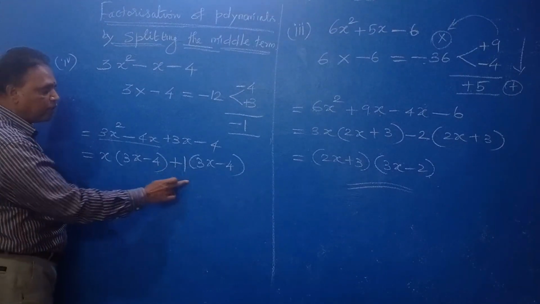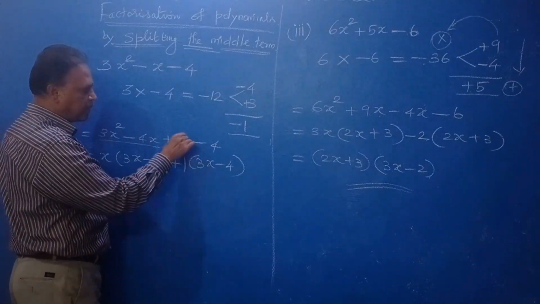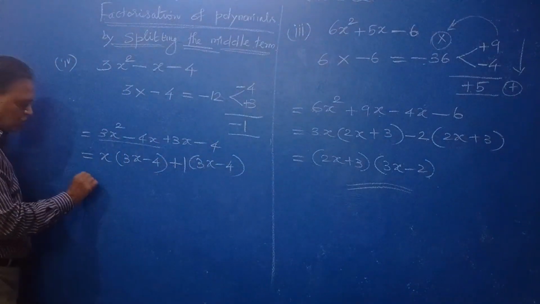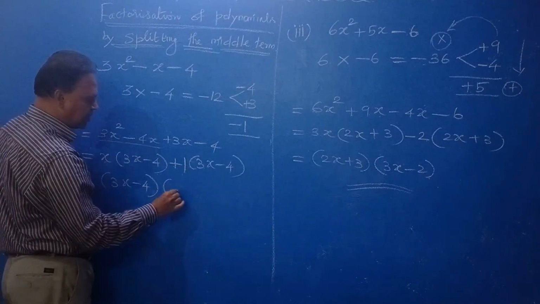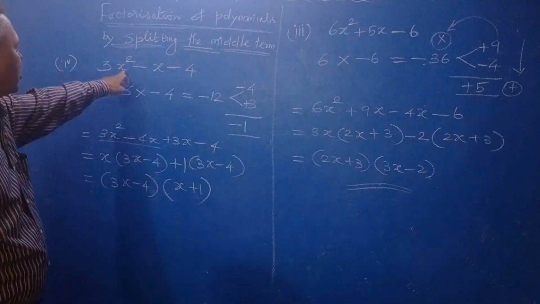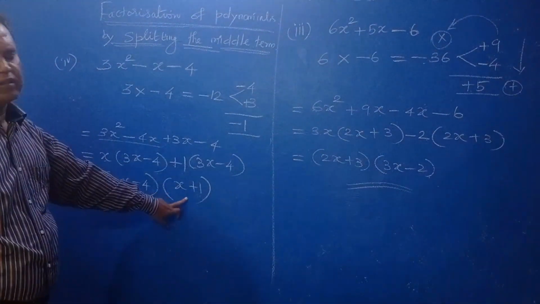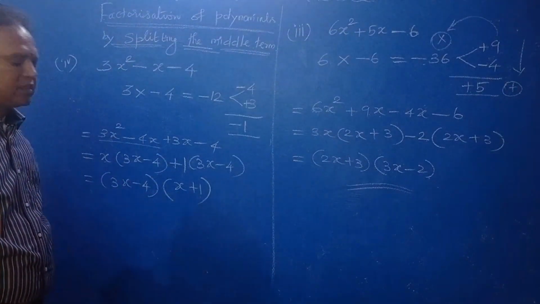Then only you will get two terms here. Okay. So here plus 1 multiplied, you see, you are getting correctly. So now 3x minus 4 is common. Then x plus 1. Okay, so this quadratic polynomial is resolved into two factors. That's all. Here, this can be written as two factors.